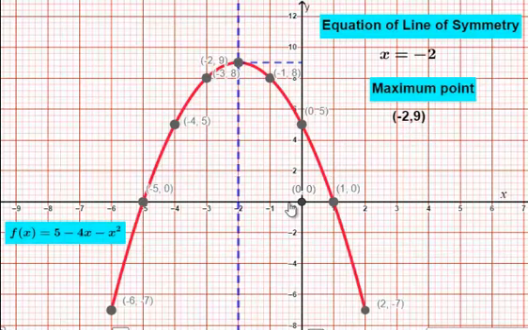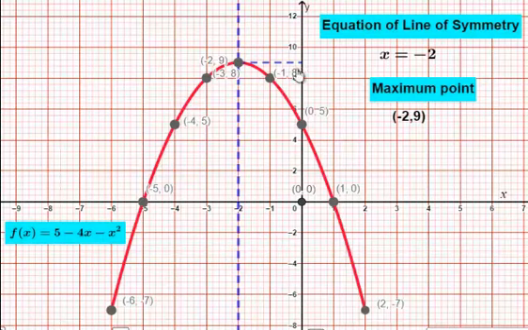When you know the maximum point or the minimum point on other graphs, then it is easy to find the maximum value or the minimum value. So for this graph, we find the maximum value. What would be the maximum value?